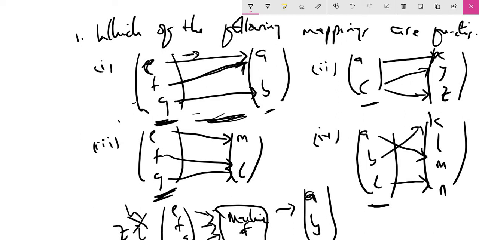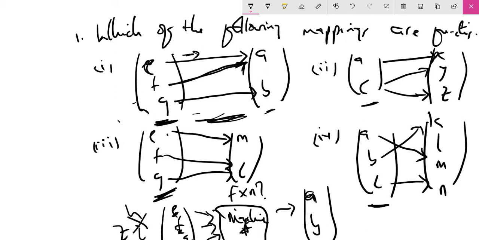Is that clear? Now, before this particular machine can be called a function, each element in this domain must map to one element in the codomain.